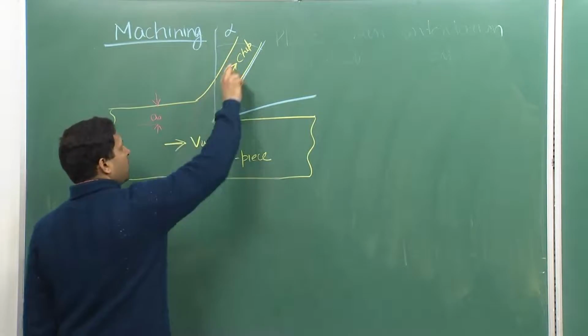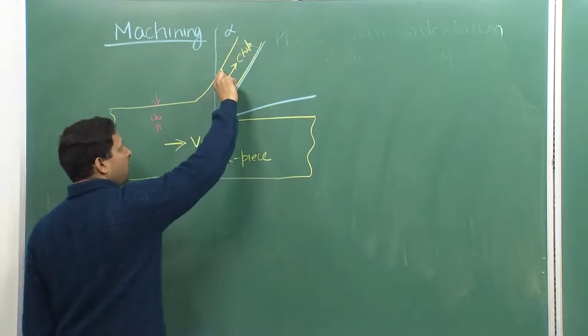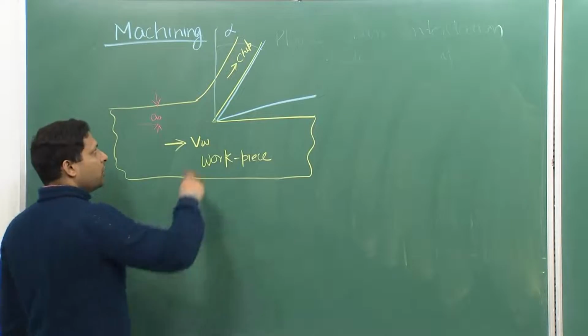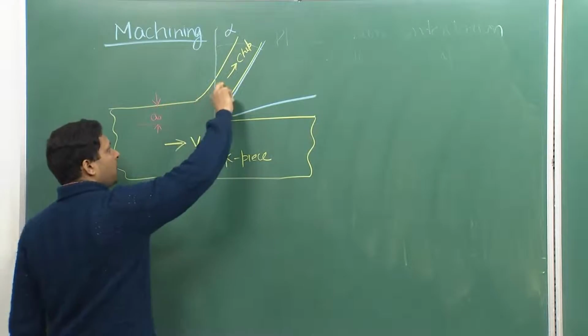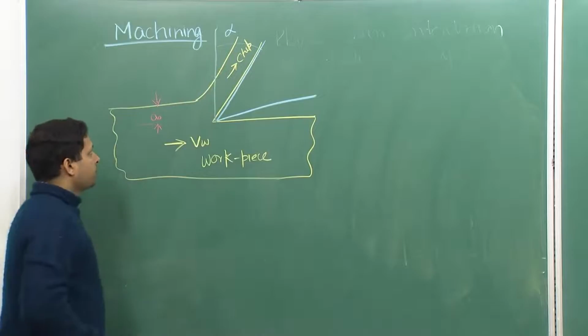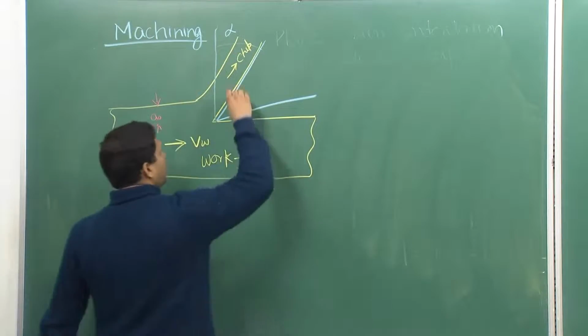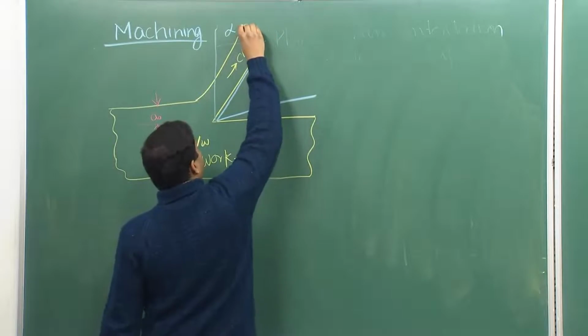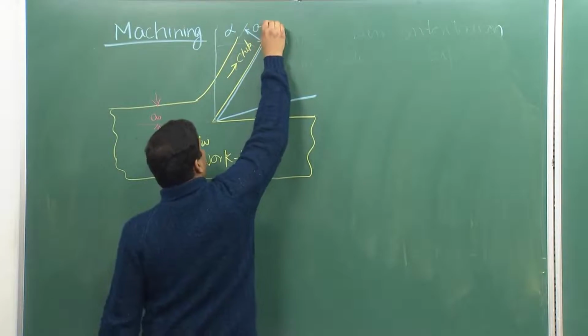Remember, this thickness is not the same as this one, although the drawing did not come out as nicely as it should have. If I draw it properly, then these two are independent. So, let me write over here, there will be some thickness for this, which will be called AC.